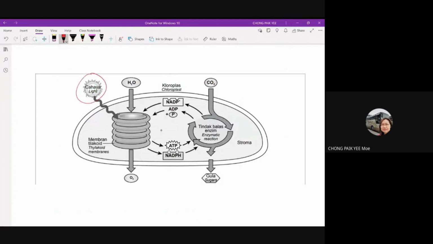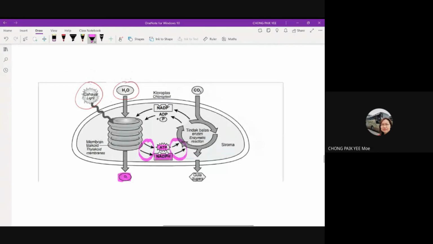Water undergoes a process called photolysis, broken down, and the result is you get oxygen, which is released. Then you have two things being produced: ATP and NADPH. And these will go into the second part, which is your light-independent reaction. Okay, so far this is the first part.